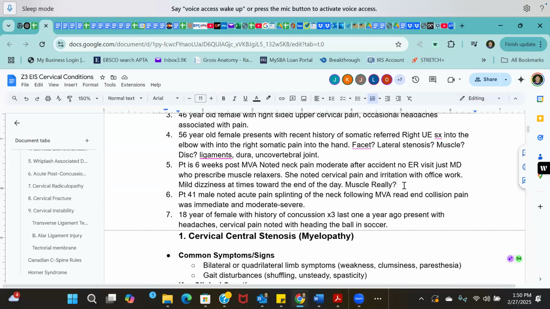More of spots in the eyes, not really like the room is spinning. Yeah, it's going to be more of a disequilibrium. They just feel off, or swaying in a sense.